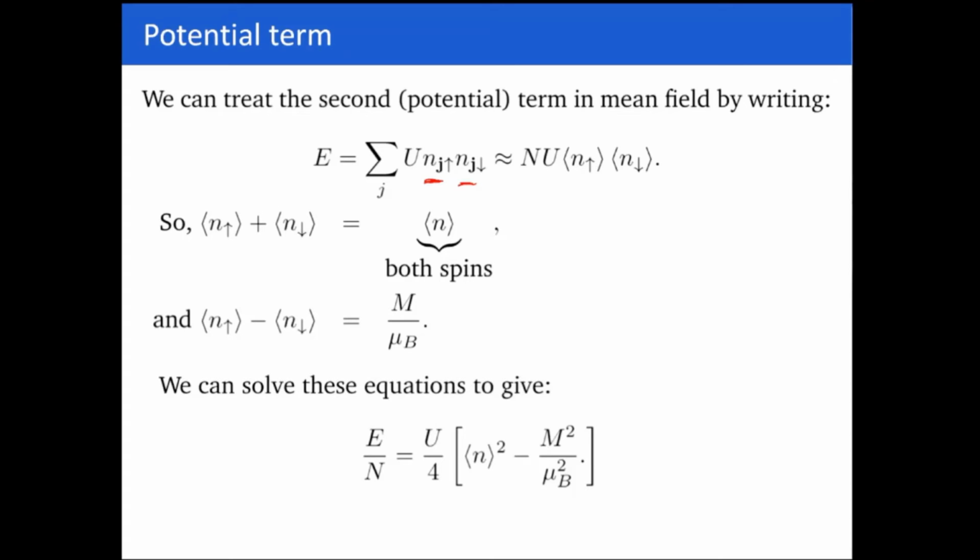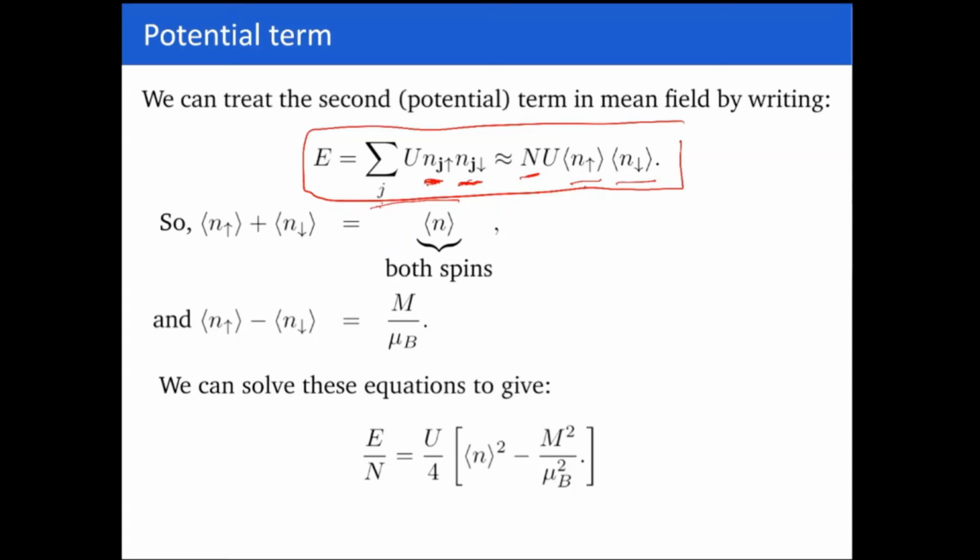So the second term, that sum, just becomes the average number of spin up on the site times the average number down, and we've replaced the sum with an average times the number of sites, n. So this is now the mean field approximation to the Hubbard model, where we replace these two operators with their average values. And that actually gives you the basic Stoner theory for ferromagnetism if you follow that through.